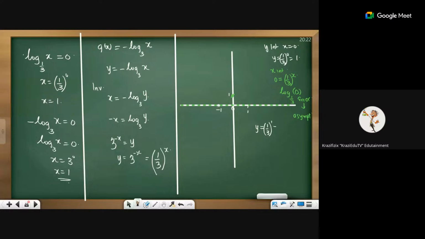You're going to need a calculator for this. 1 over 3, which is less than what? 1. Just mark somewhere there. You are trying to get the shape. When x is now -1, if you put this in a calculator, you're going to get what? 3. Oh, 1, 2, 3.